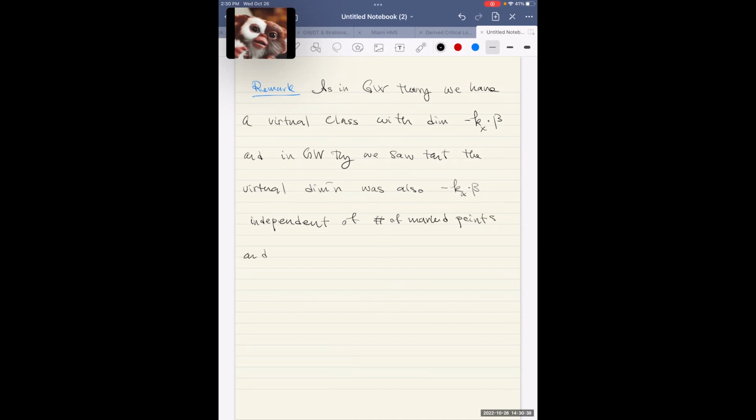And equal to the virtual dimension of M bar g,0 (X, beta) when X was Calabi-Yau 3. Okay, so we had this thing back then also.